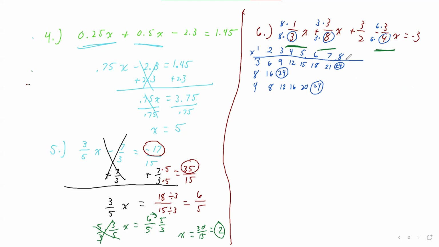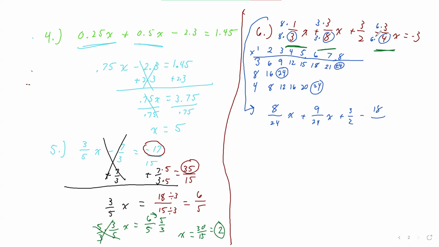All right, so from there, now we got to do all this work. I want to bring it over here. 8 times 1, 8. 3 times 8, 24. There's my x. 3 times 3, 3 times 8. 6 times 3, that's a minus in it, minus 18.